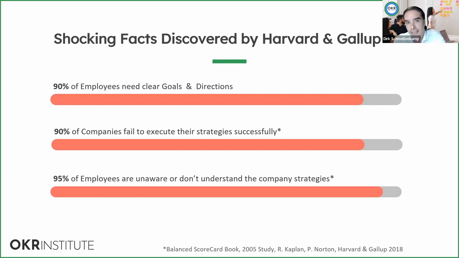As you can see, there are 3 topics which the OKR framework can really help with. First of all, it brings clarity, clear direction and goal setting to your organization. The second one, it helps you to execute your strategies effectively. And the last one, it brings alignment from your vision, mission and annual goals towards your employees and teams, and creates a connection there.